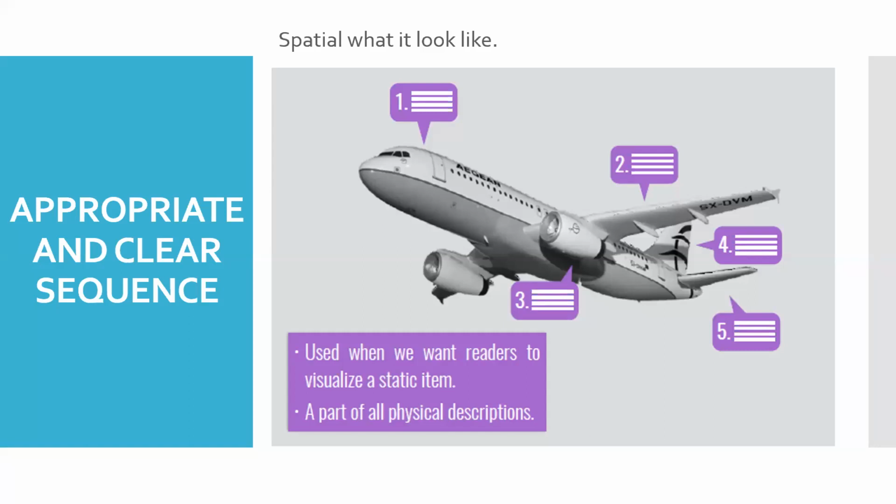Why a proper order? If you do not have a proper order, it will become chaotic, and we cannot remember or recollect the information if it is chaotic or if it is not ordered and sequenced properly. Right? We want the readers to remember the information.